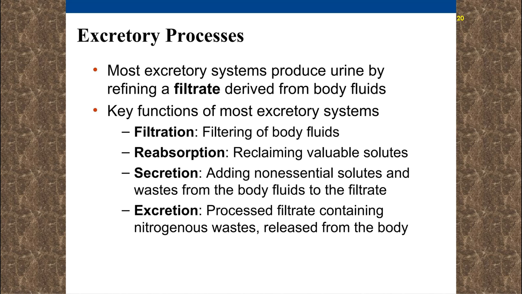Then the excretory process mainly consists of the kidneys in most of the domestic animals, creating a filtrate derived from the body fluids. For example, filtration is simple filtering of the body fluids, whereas reabsorption is reclaiming valuable solutes, secretion is adding non-essential solutes and waste from the body fluids to the concentrated filtrates, and excretion is the end step.